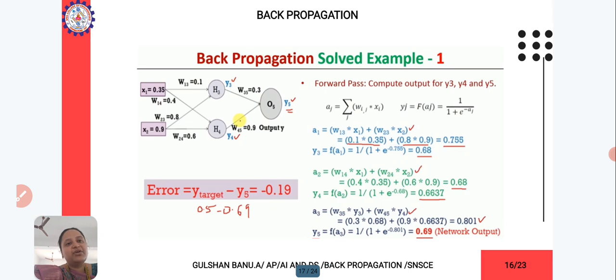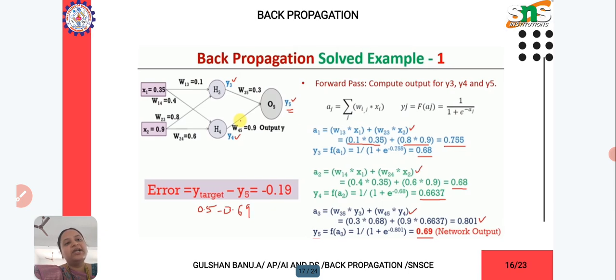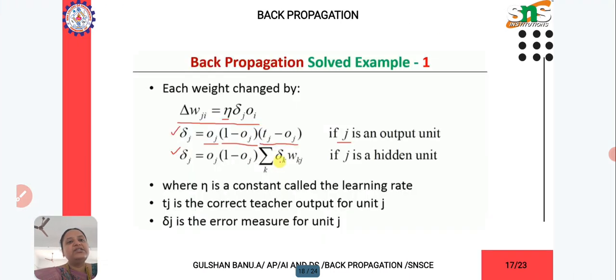In the same way, when you calculate with the other values, the output derived is 0.755. Now when you apply the sigmoid function, you get 1 divided by 1 plus e to the power of minus x, or minus a_j, that is denoted with the given value, and when you apply the formula you get 0.68. For h4 you get 0.9. Based on this you calculate the output value, that is 0.5 minus 0.69.